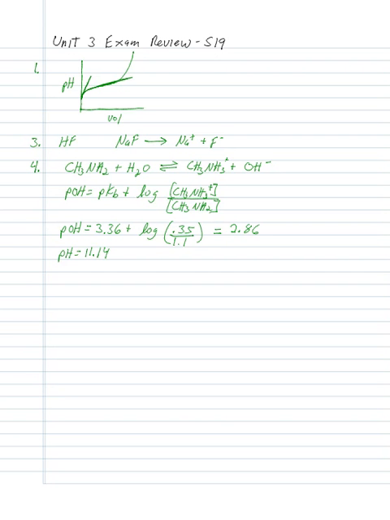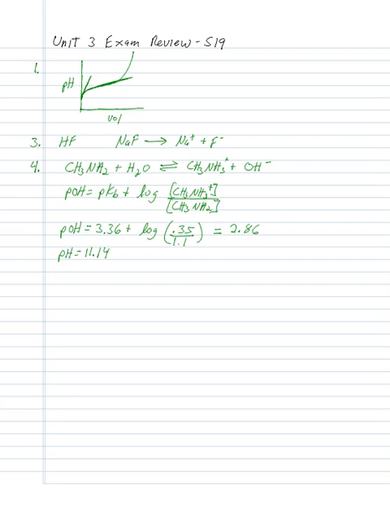Yeah. Yep. You said that you have to use the equilibrium equation to set up the Henderson-Hasselbalch because that's what it's derived from. It's derived from that ICE box from the equilibrium. Yep. Anything else?